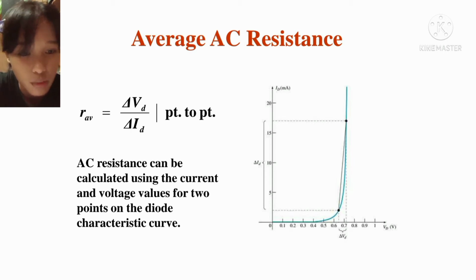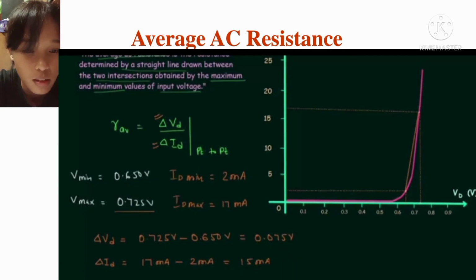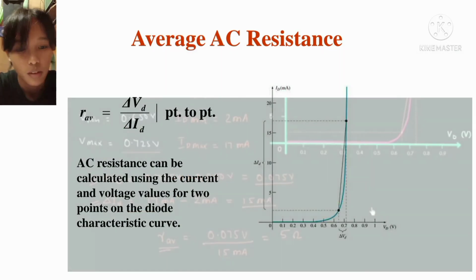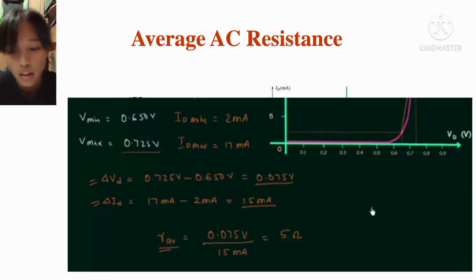For example, the minimum voltage is 0.650 volts, and the maximum voltage is 0.725 volts, while the minimum current is 2 milliamperes and the maximum current is 17 milliamperes. Let's solve for the average AC resistance. The change in voltage is equal to 0.725 volts minus 0.650 volts, which is 0.075 volts.